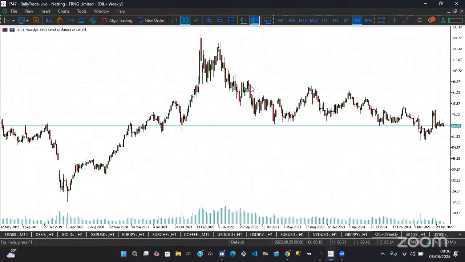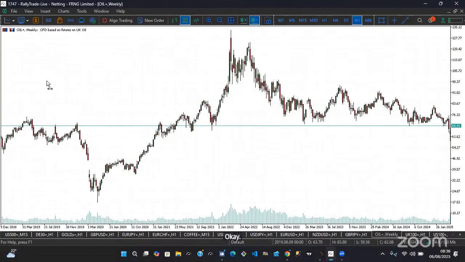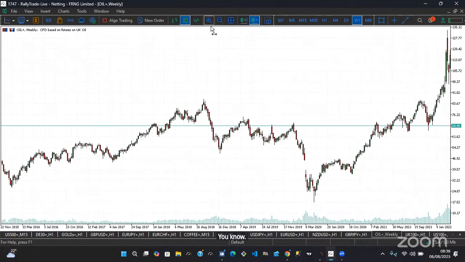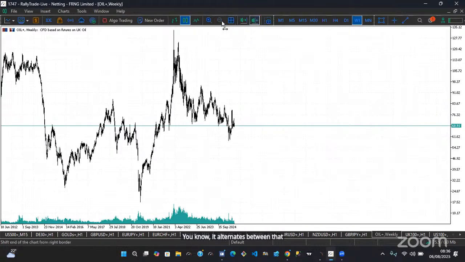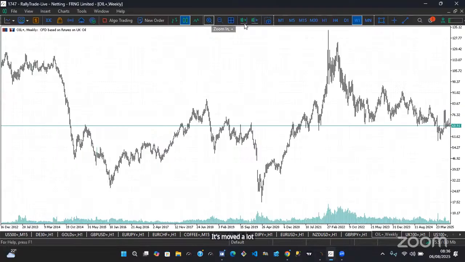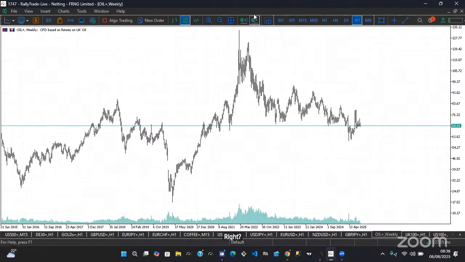Okay. So this particular instrument, it alternates between that up and down and up and down. You can see it's moved a lot by fundamentals, and the fundamentals can last for a while. So if you don't know what's happening out there, just stay clear, right? Just stay clear. But right now, we are still in the clear to trade it technically.